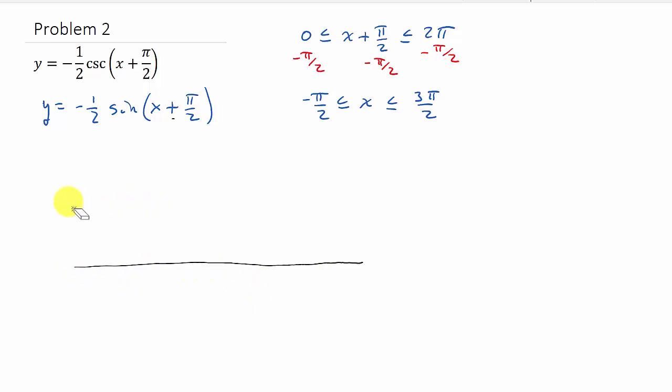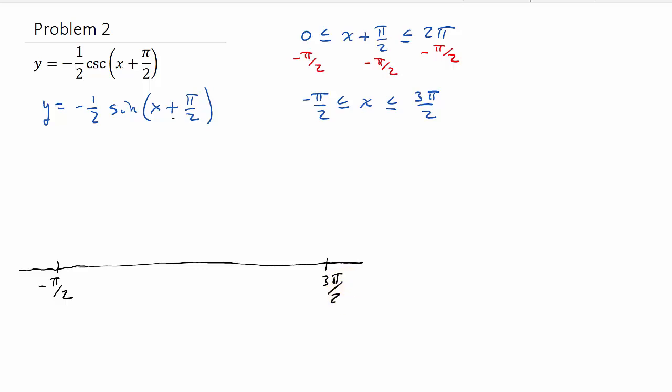So for right now, let's not even put the y-axis in there, and let's just extend that on like this, and let's mark off negative pi over 2 and 3 pi over 2, and we've got to break this up into 4 equal intervals.